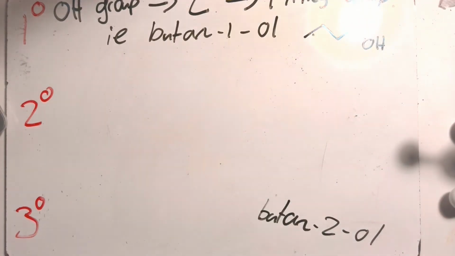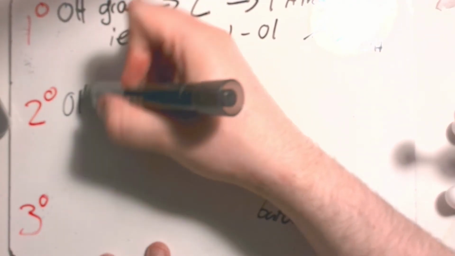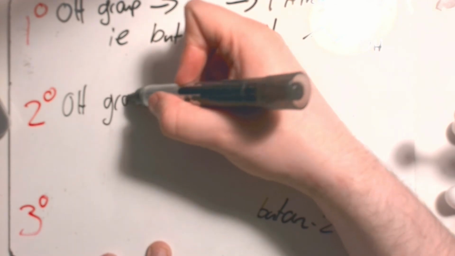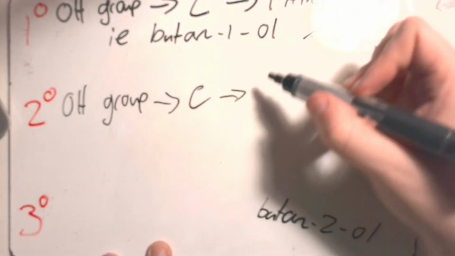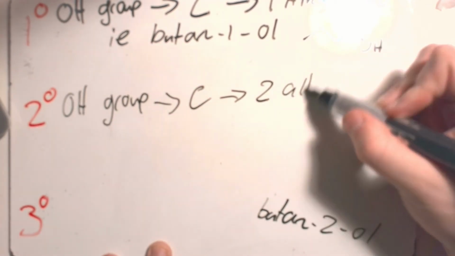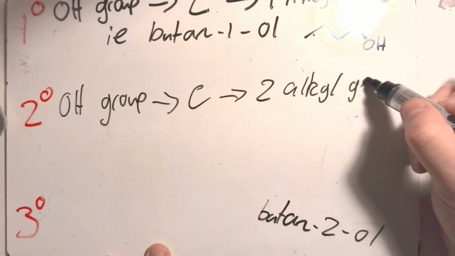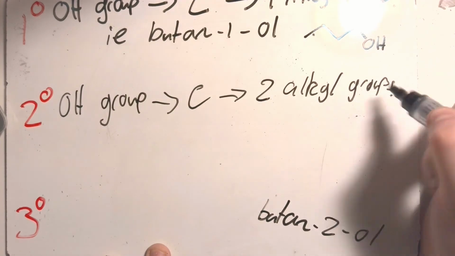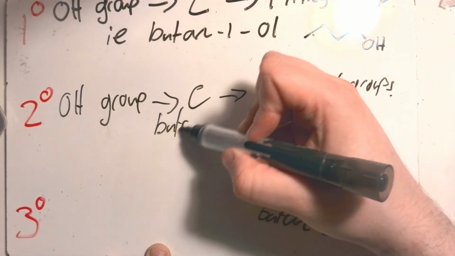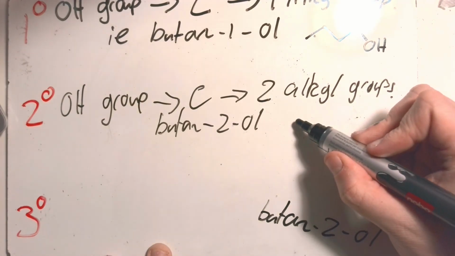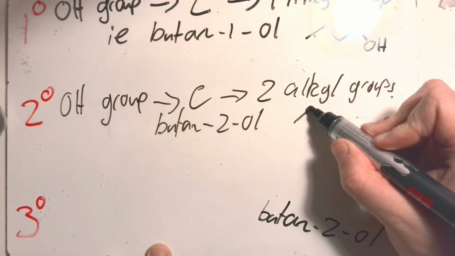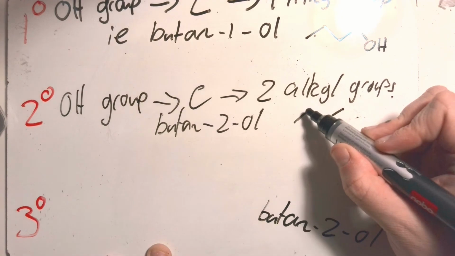So this is when we have an OH group bonded to a carbon bonded to 2 alkyl groups. An example here was butan-2-ol. And I'm going to draw it real quick. 1, 2, 3, 4. 1, 2, 3, 4.